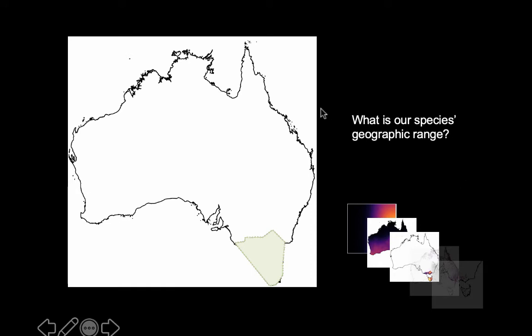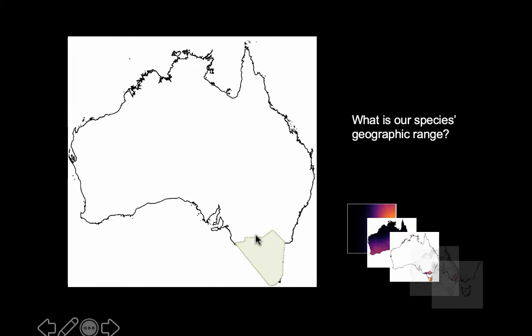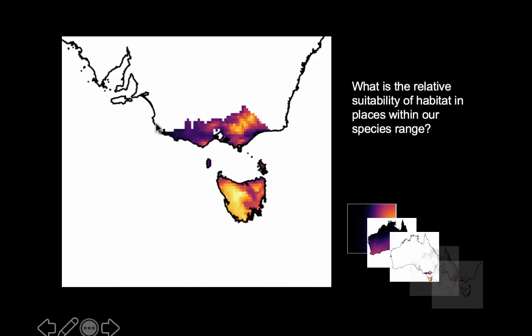And in that case, you're asking a question that's more like discrimination accuracy, but within the species' native range, as contrasted with the continuous suitability of habitat within the species' native range. But think about these things in terms of model selection. If your goal is this, you might want to use discrimination accuracy to select your best model. If your goal is this, you might want to use calibration, right?